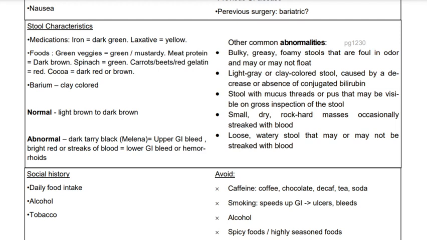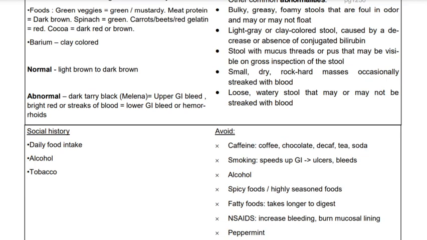So if they have clay colored stool and they didn't have a barium enema, something could be wrong with the bilirubin production. Stool with mucus threads or pus that may be visible on gross inspection, that just means visual. Small, dry, rock-hard masses, occasionally streaked with blood, could mean they're not getting enough fiber. Loose, watery stool may or may not be streaked with blood.